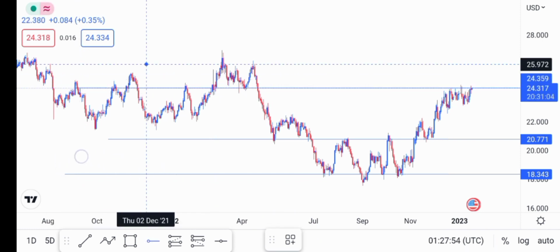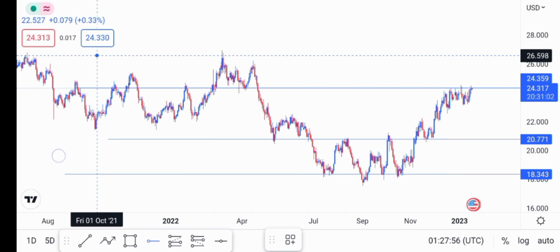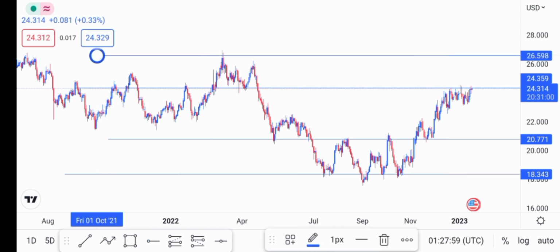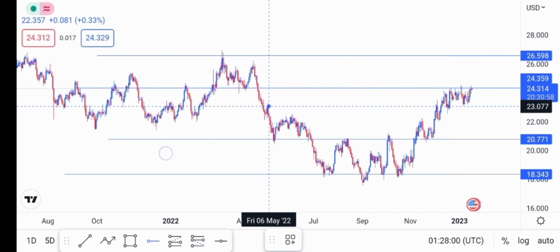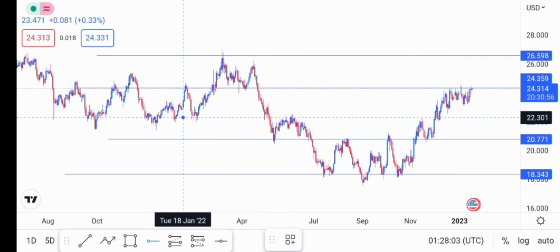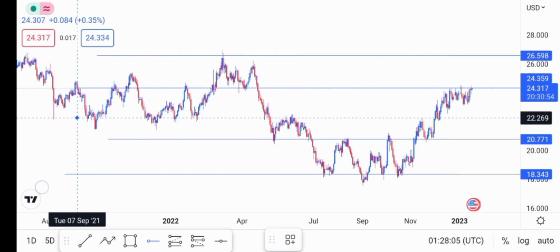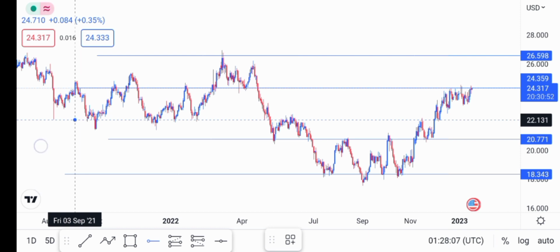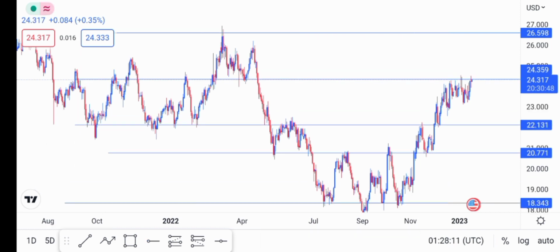So I'll just mark out all the significant levels, which are the most important, because I'm not trying to fill out my charts. I want to mark this level right over here. Okay, I feel like my charts are overwhelmed.